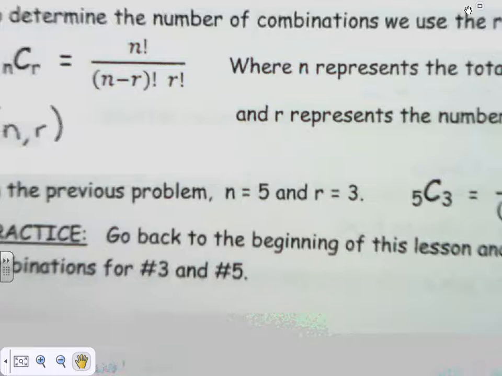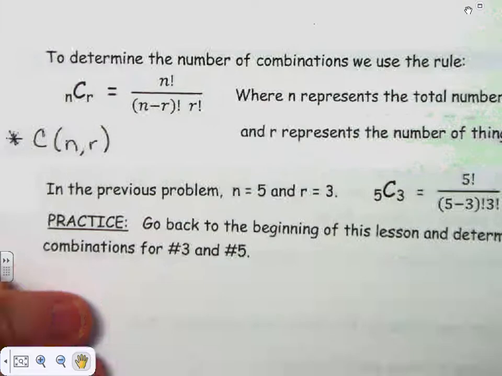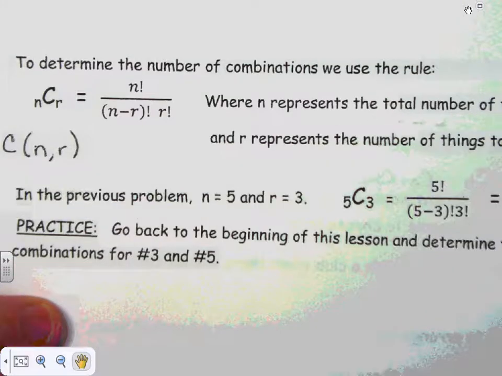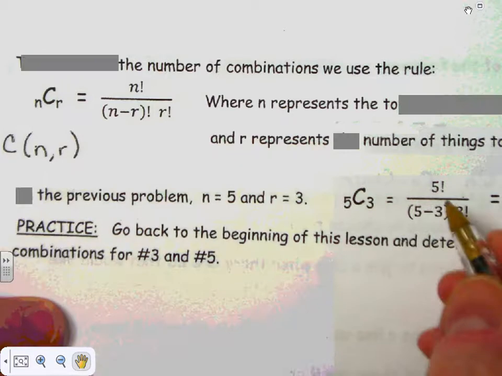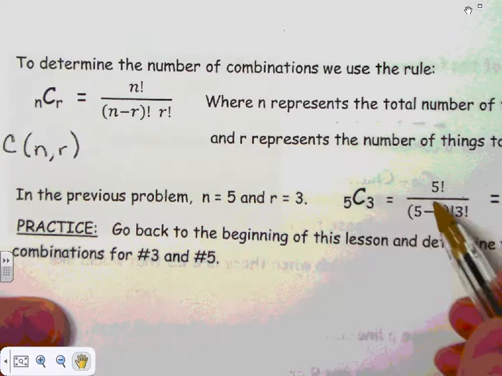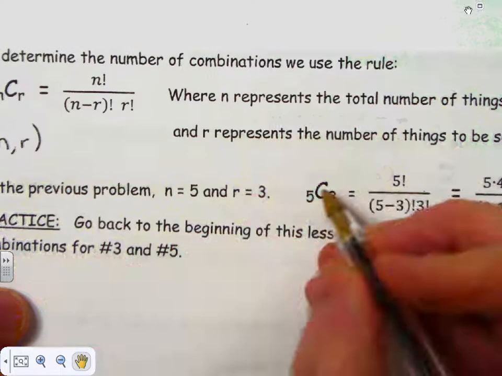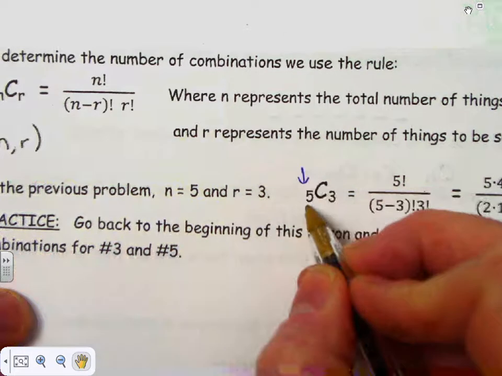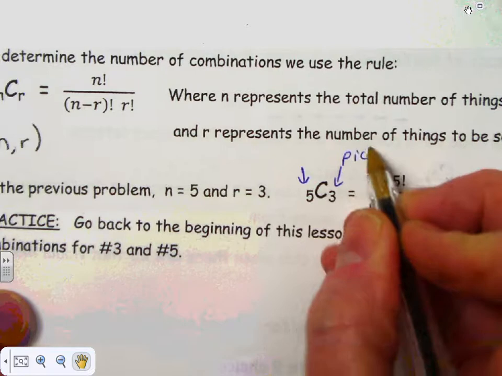So if you're going to fill this in and work it out, we have to know what a factorial means. The factorial means you take the number and then you multiply by everything below it in order. So this is the total number of people I have to choose from, but I'm only going to get to pick 3.